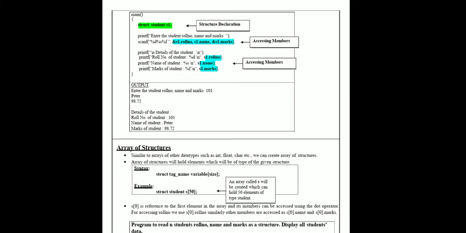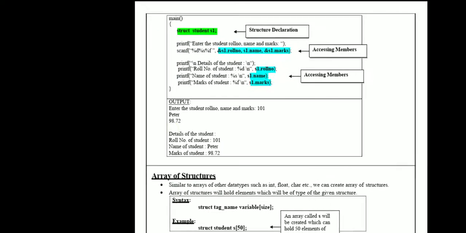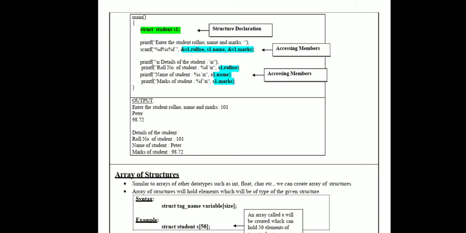Now after defining the structure, I'll begin with the main function. Now the second step is to declare the structure variable. After defining the structure data type, I have to declare the structure variable.